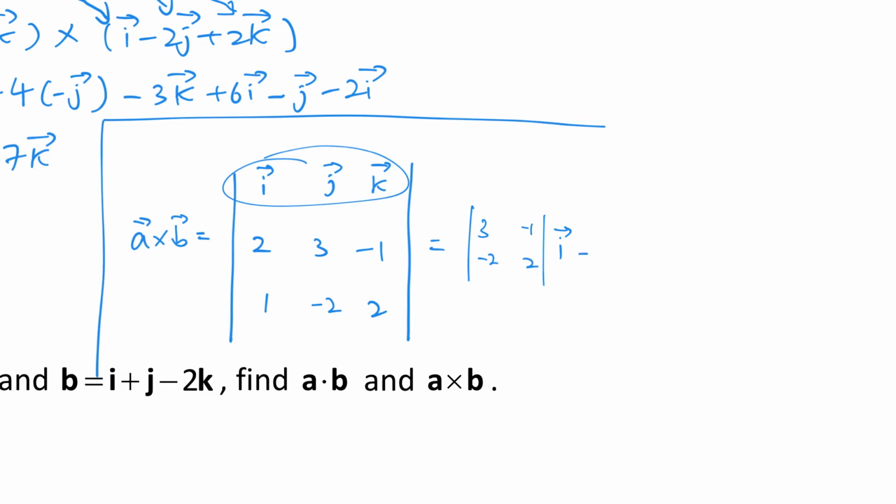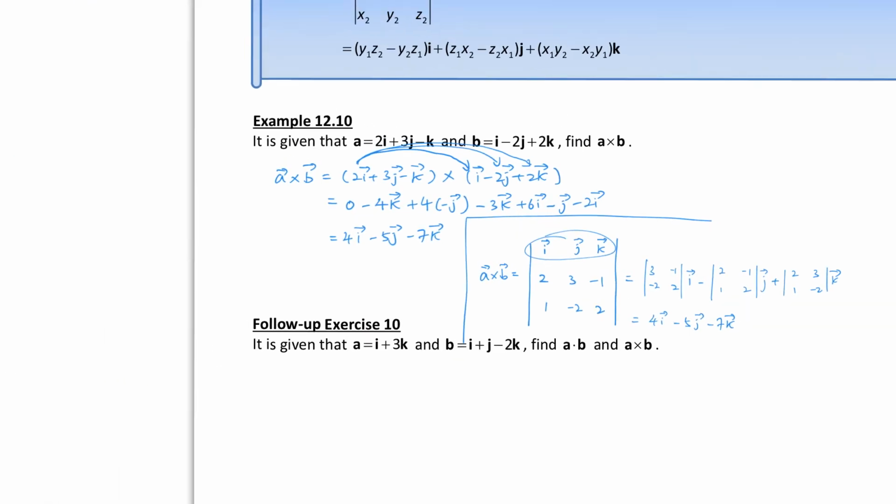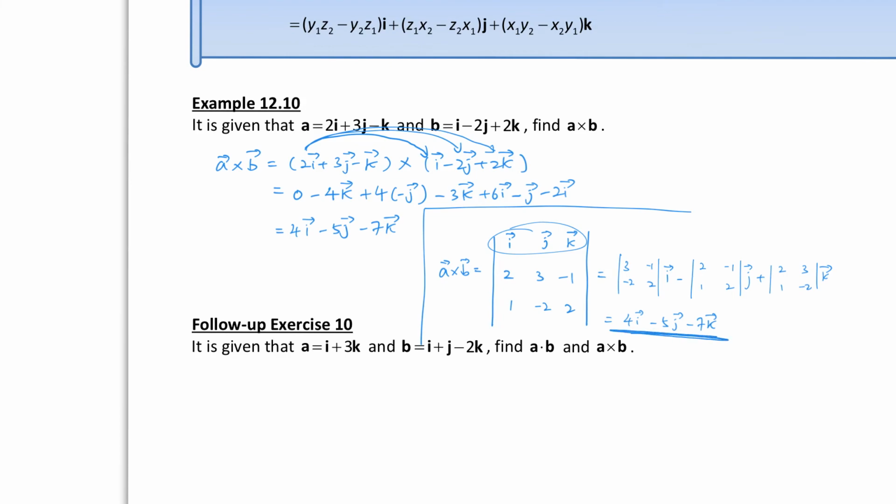So negative, the minor matrix negative 1 and 1 and 2, and this is j, and then the last part plus the minor matrix and vector k. So the first term is equal to 6 minus 2 is equal to 4, and then 4 plus 1 is minus 5j, and then the last part is negative 7k. Okay, you can see they are equal.